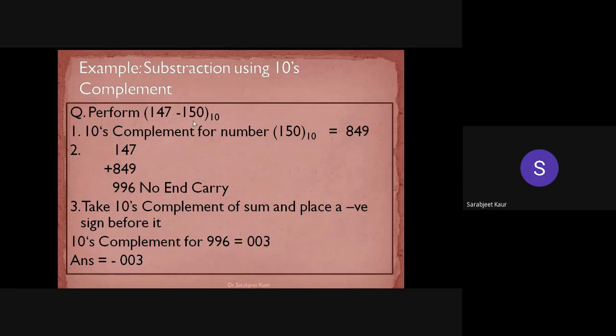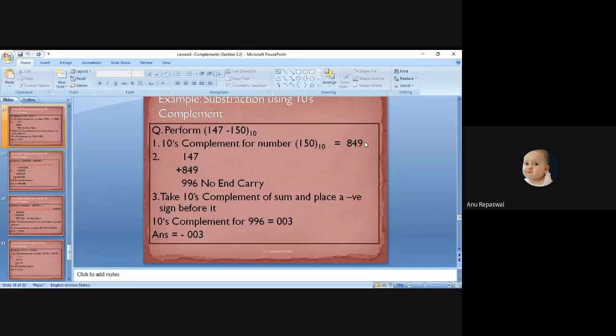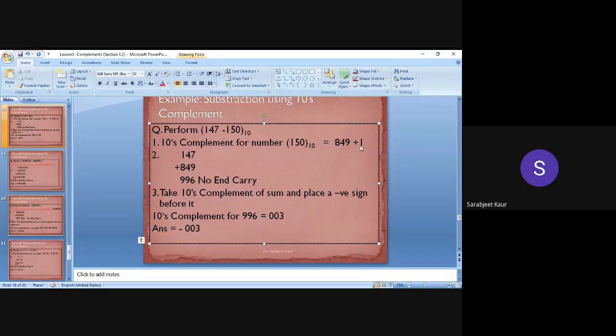The nines complement is 849, so the tens complement should be 850. So we add 850 to this, right?